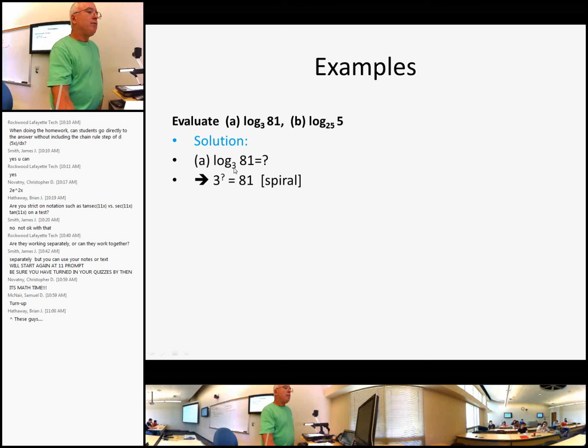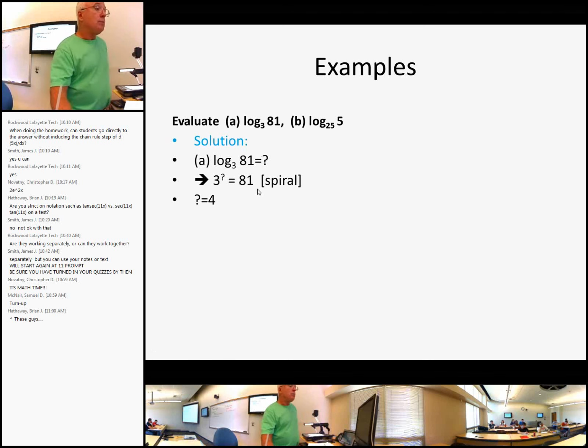We start off with the base 3, then go over to our question mark, which is my exponent, and then we finish off the spiral at the 81, so equals 81. So this question becomes: 3 to what power equals 81? If you think about it, 3 to the 4th power equals 81.